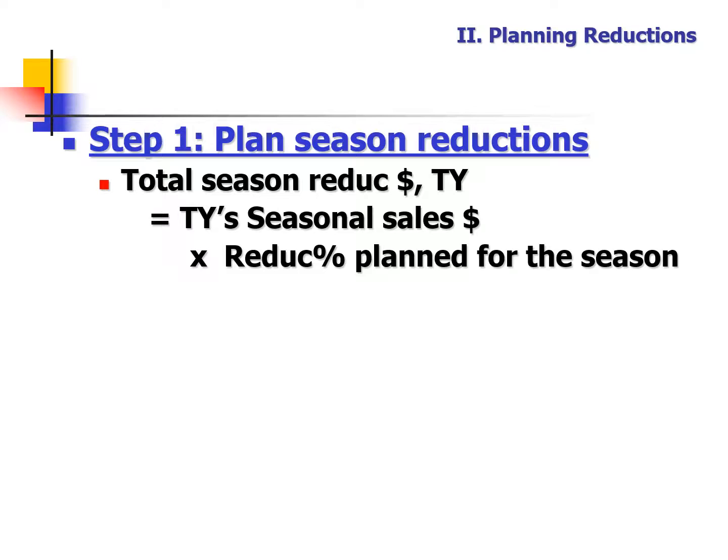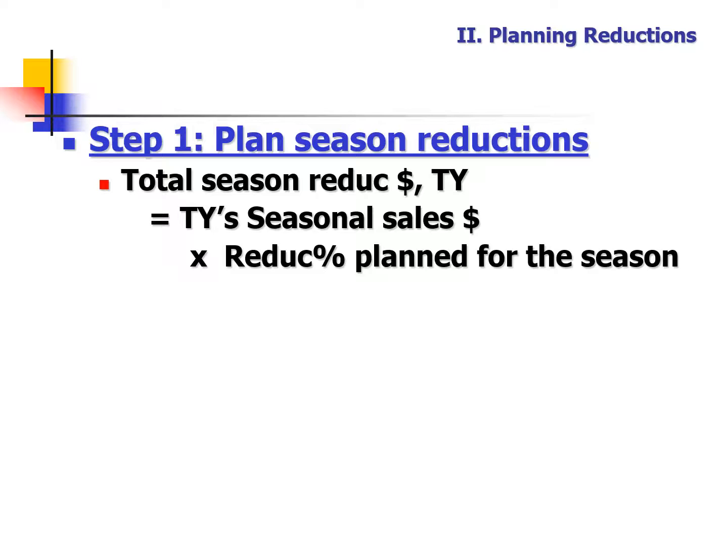All right, so let's work on step 1, planning the seasonal reductions. As I said before, for us to be able to plan the total seasonal reductions dollars, so how many dollars of reductions we can plan for the entire season of this year, we first need to know the seasonal sales dollar that we planned for this year and times that by the reductions percent of seasonal sales that we plan for the season.